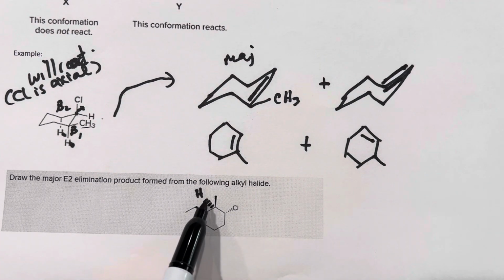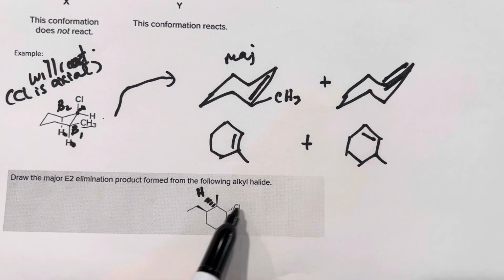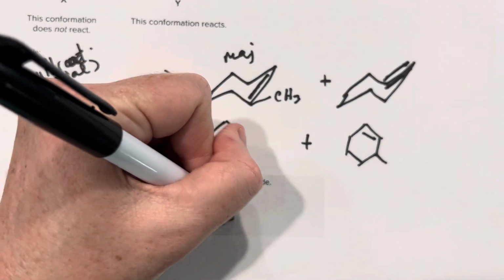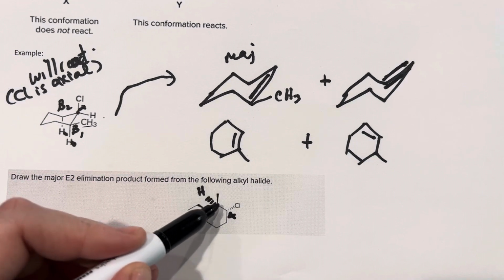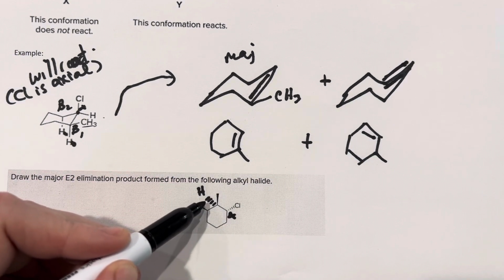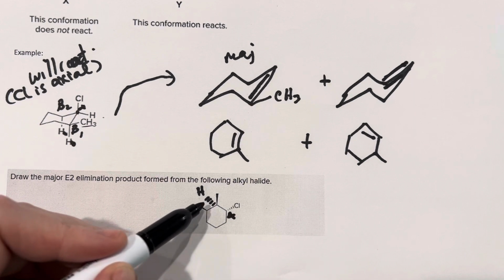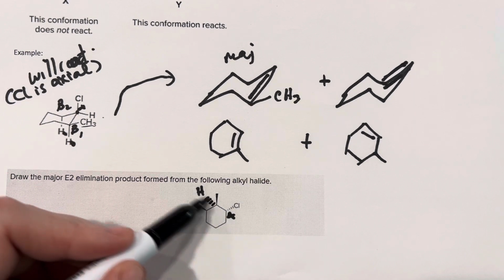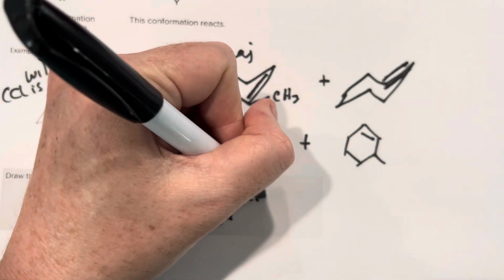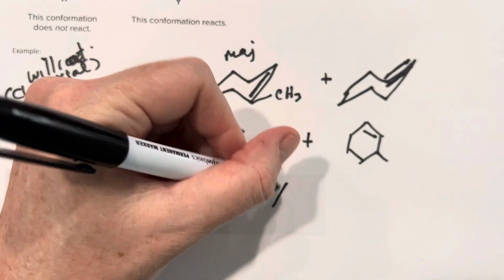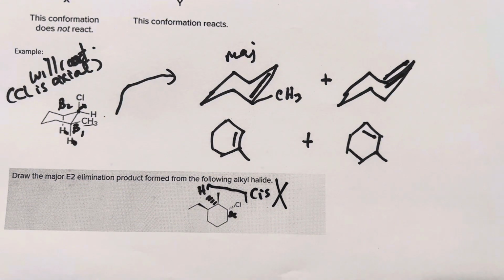But if you look here, this hydrogen is on a wedge, and this is on a wedge. So if we call this alpha, we originally want to call this our beta 1 because it's the most substituted carbon, right? But it's impossible because this one is on the same side. They're both pointing into the plane. In other words, these would result in a cis situation, and we can't have that. It won't do that. So any syn-periplanar situation won't occur.